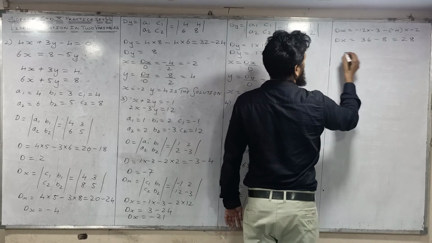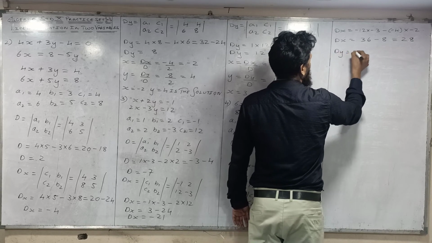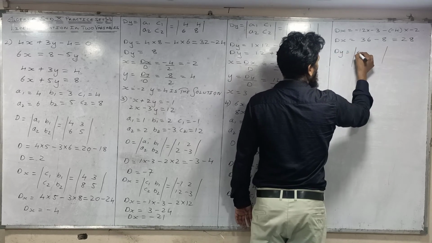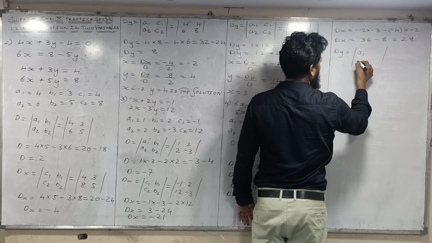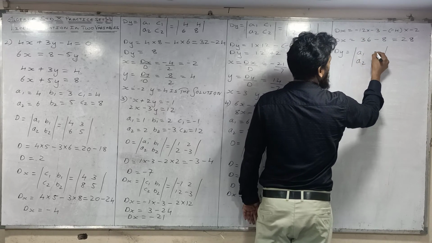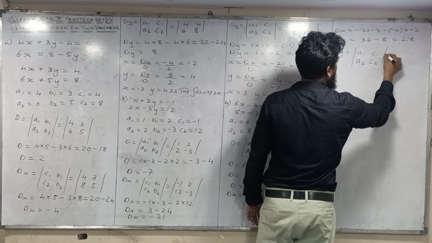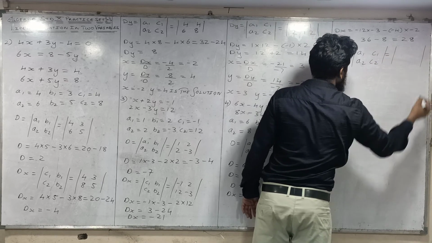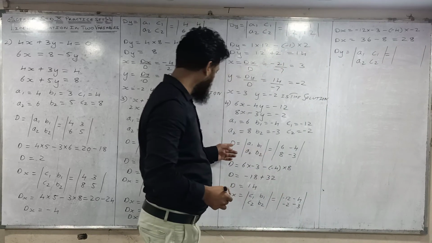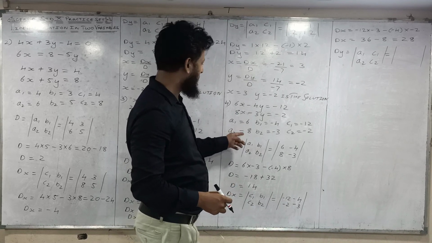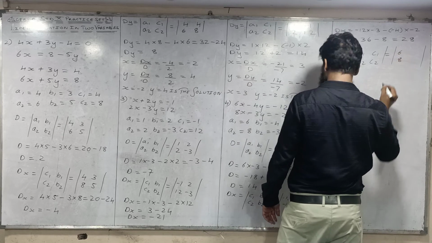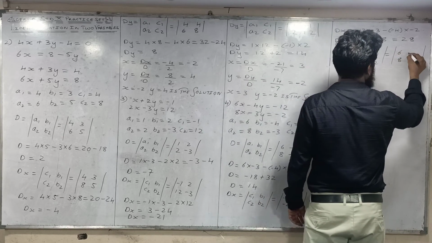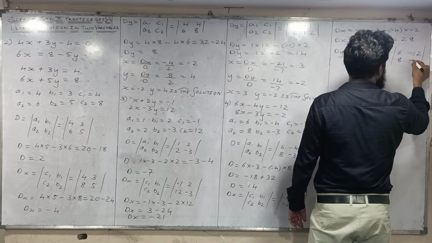Okay, fine. Now dy, write the formula: A1, A2, C1, C2. Then write the values from the equation for dy: A1, A2 are 6 and 8, C1, C2 are minus 12, minus 2.